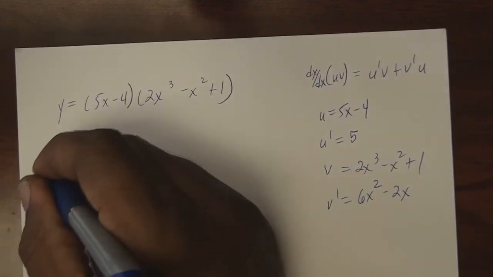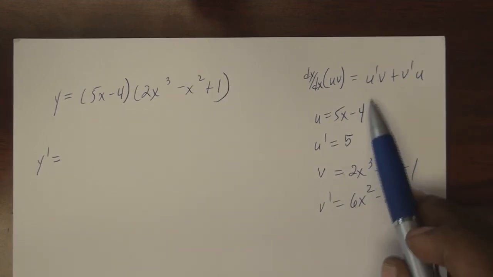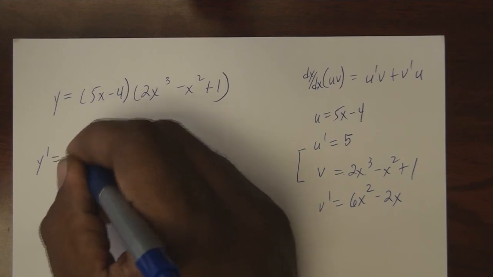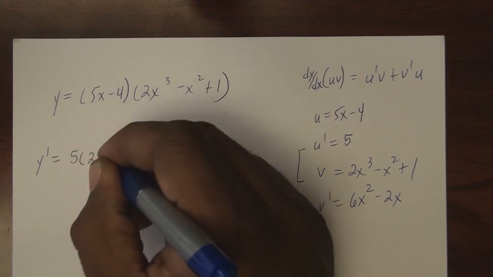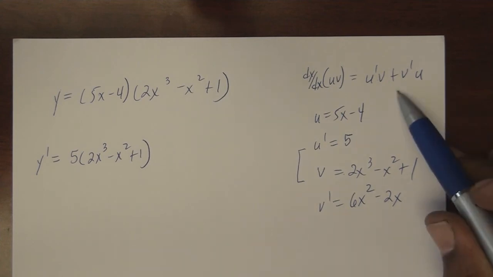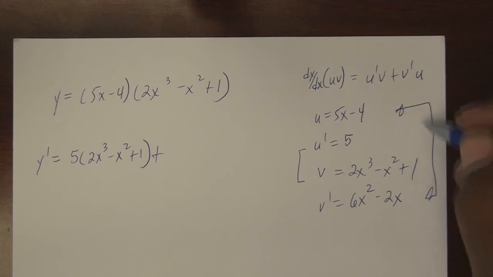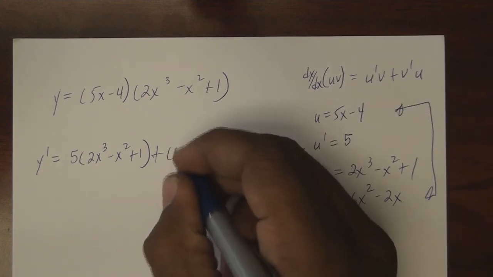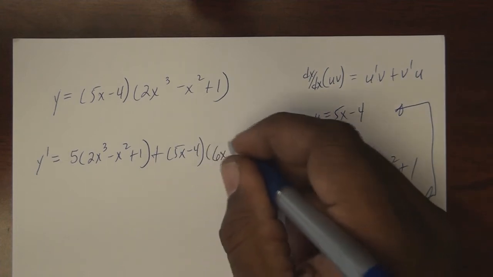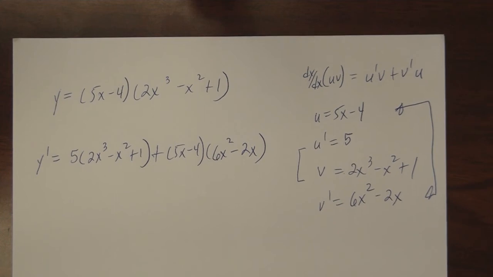We'll now find the derivative, which is y prime, and we have u prime times v. So we have 5 times 2x to the third minus x squared plus 1 plus v prime times u, which is 5x minus 4 times 6x squared minus 2x.